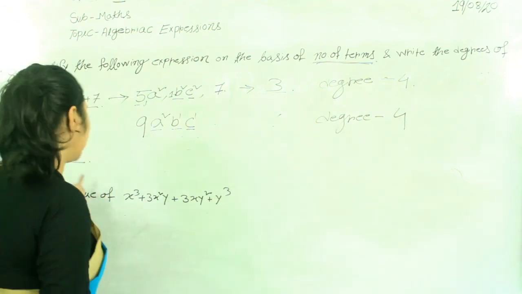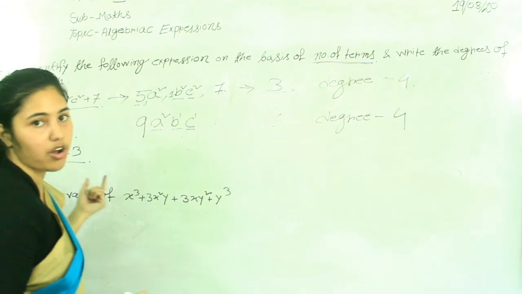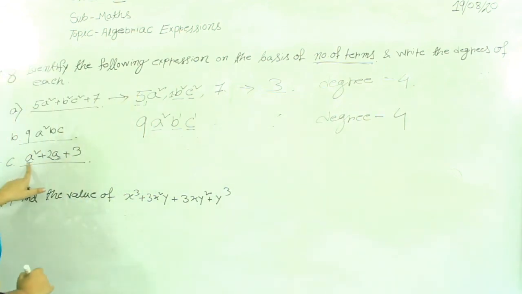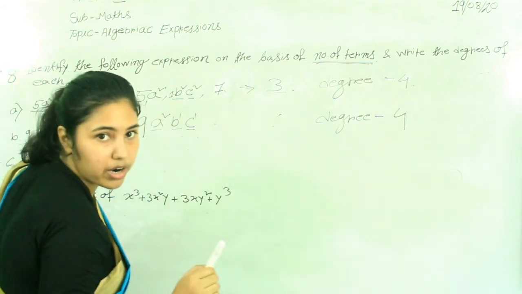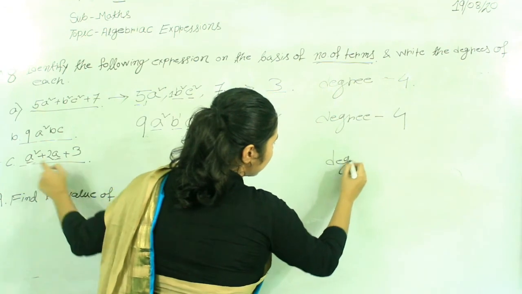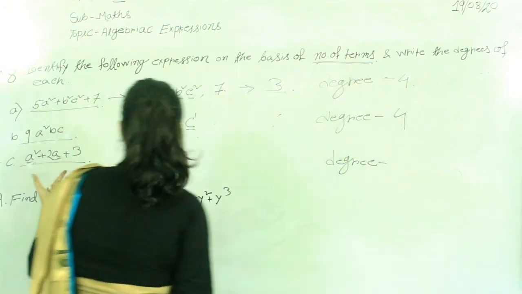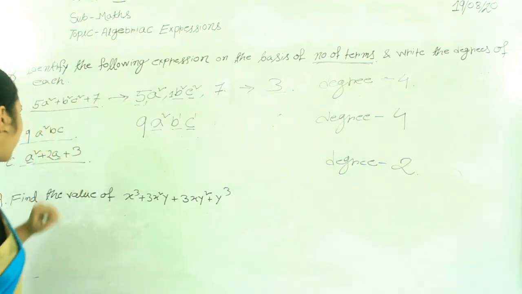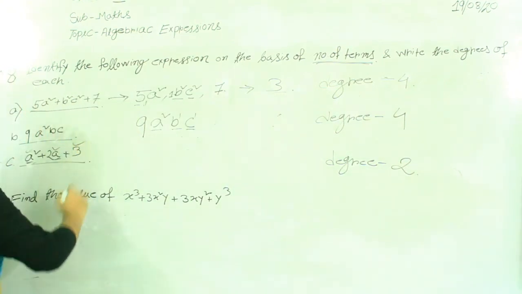Next, 2a plus 3. Now this is an algebraic expression of a single variable. Here a is the only variable. Consider the highest power of a, which is 1, so the degree of this algebraic expression is 1, and the number of terms is 2.